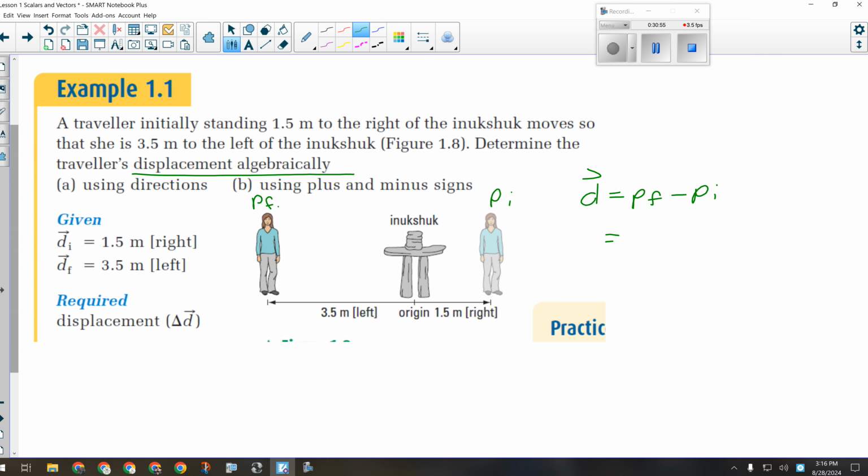If left is going to be negative, negative 3.5 minus 1.5 meters comes out to negative 5.0 meters. If negative is left, that means they went 5 meters to the left.